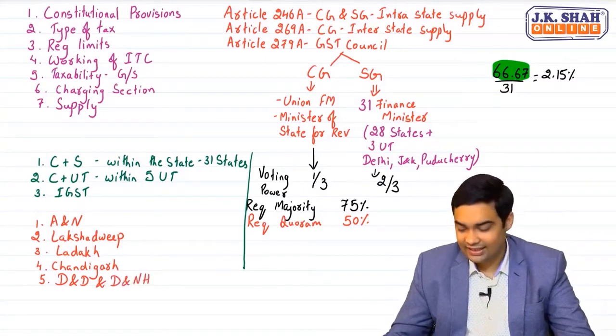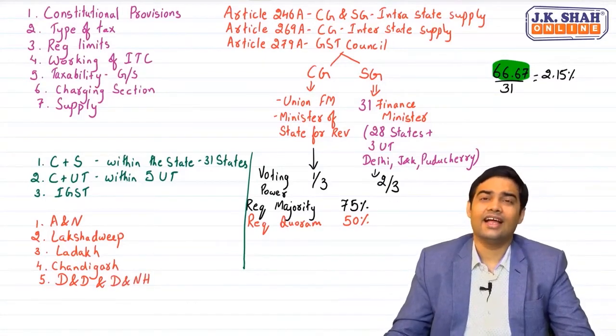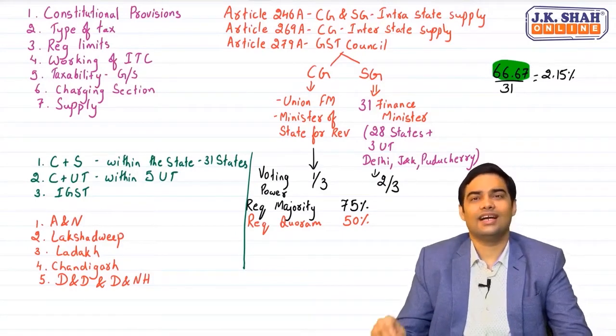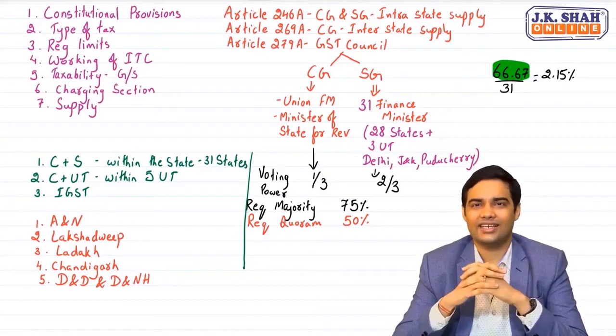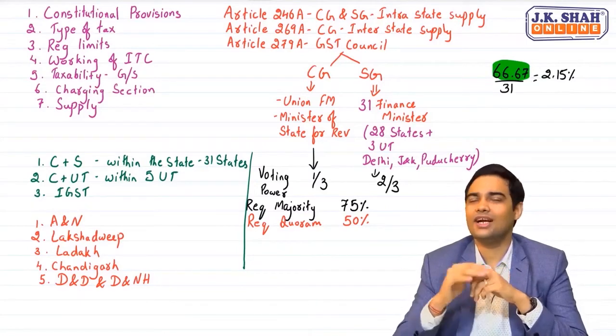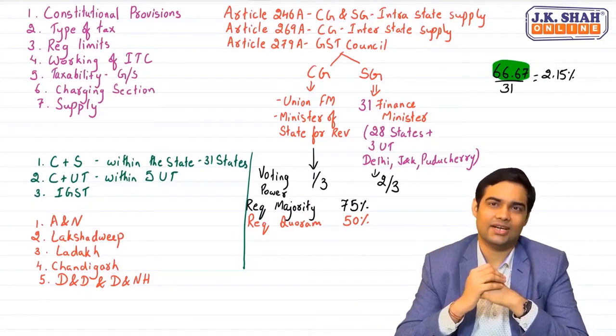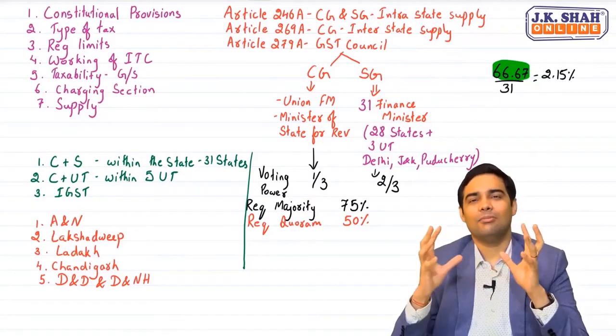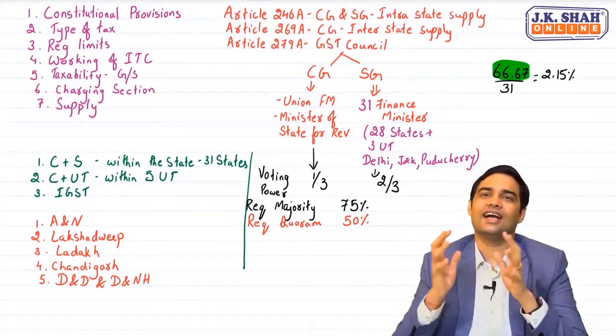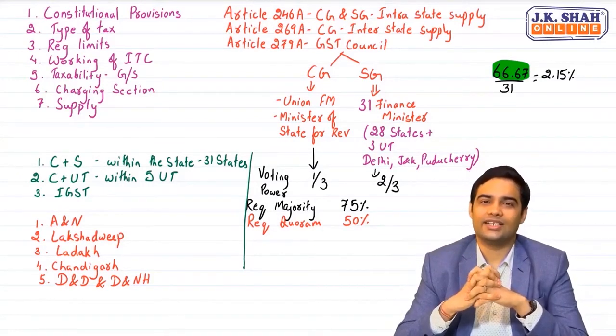Now this is entirely one union territory. Earlier these two were regarded as two separate union territories. Daman and Diu was separate, Dadra and Nagar Haveli was separate. But at present, Daman and Diu and Dadra and Nagar Haveli are treated as one union territory.